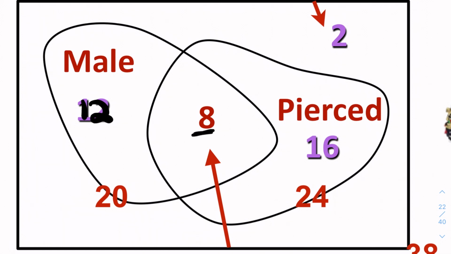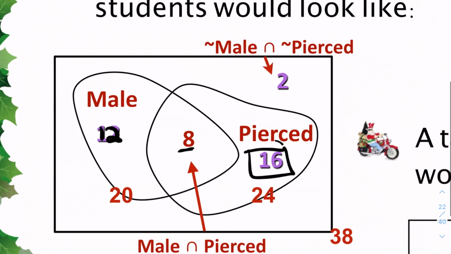We've already counted 8, so that means there are 16 people with pierced ears that are not male, also known as female. If we add these up, 20 plus 24, that's 44. We know that's too many people because we only have 38 people in the class.